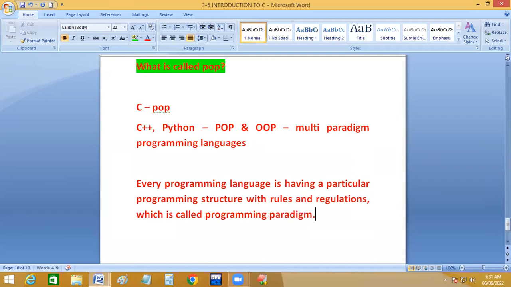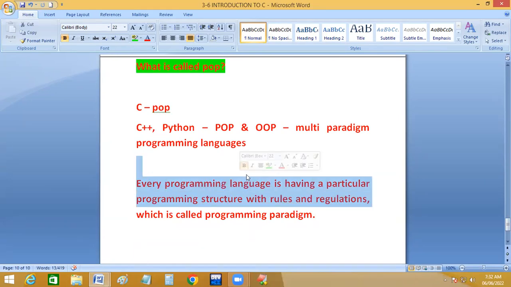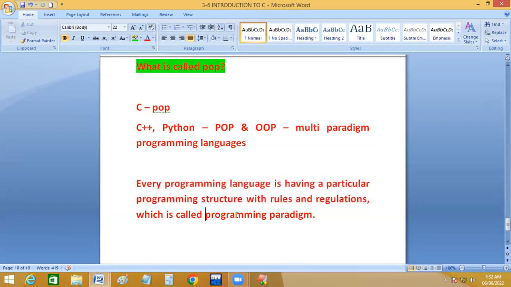Remember, in interviews they ask the question, what is a programming paradigm? Programming paradigm denotes the programming structure with rules and regulations. For example, in C language certain rules are there, C++ also has certain rules, and as a user we have to follow these rules. That concept is called programming paradigm.